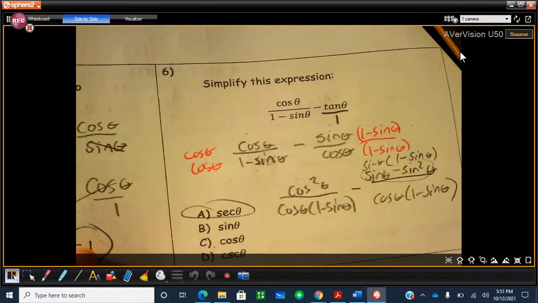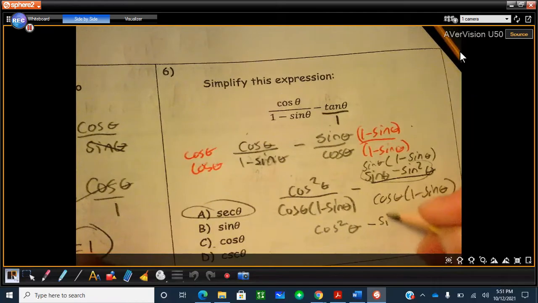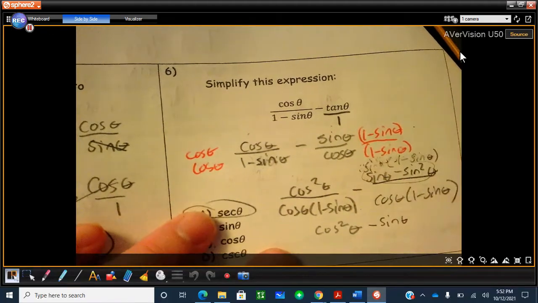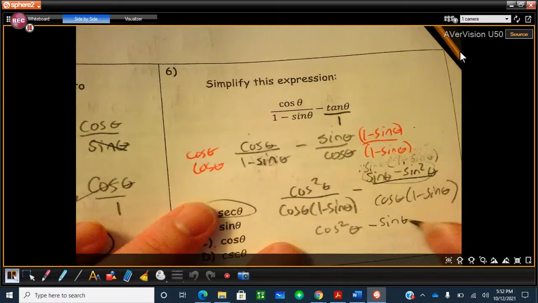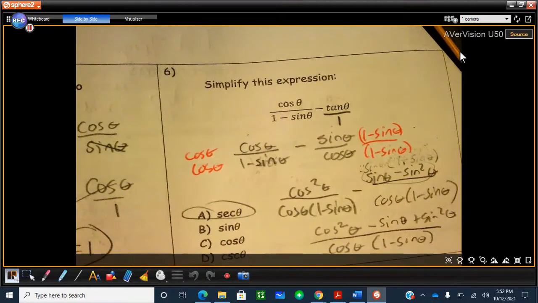So when I rewrite it, I've got cosine squared theta minus sine theta plus sine squared theta, all over cosine theta times 1 minus sine theta.